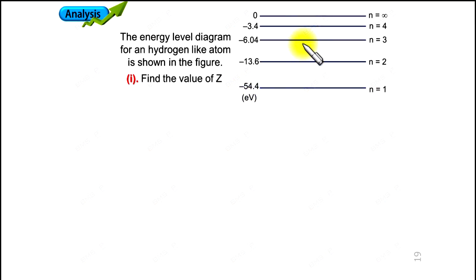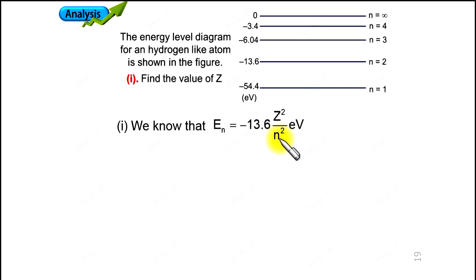You know, these energy levels are governed by the formula En equal to minus 13.6 Z squared divided by n squared electron volt. If we substitute the value of Z, the atomic number, and n equal to 1, 2, 3, 4 and so on, we get the values of En.